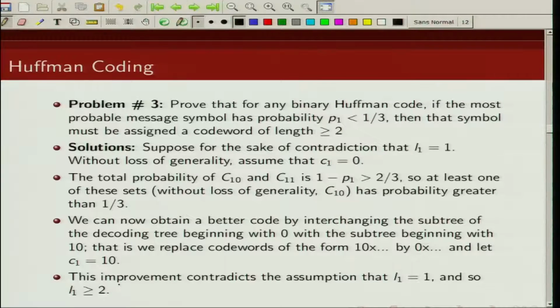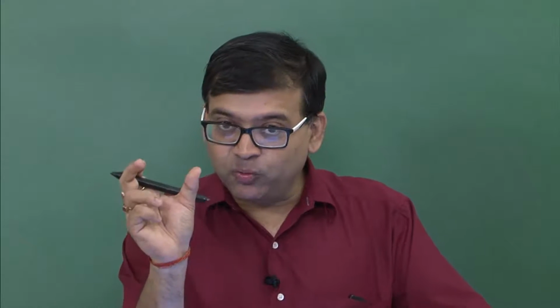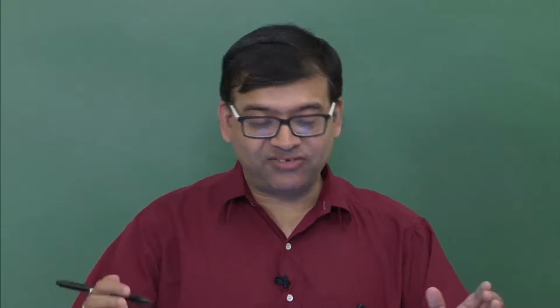As I said, this improvement contradicts the assumption that the most probable message symbol has code word length 1, and hence we have shown that this most probable message symbol, which has probability less than 1/3, must have a code word of length at least 2. It cannot have code word length of 1.